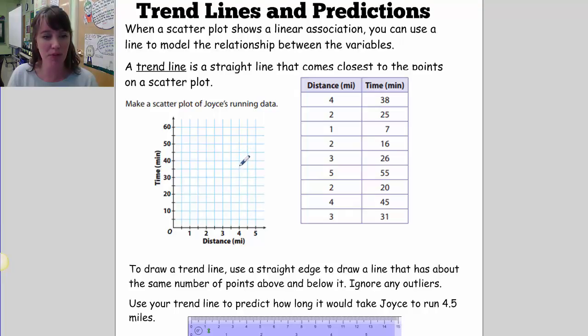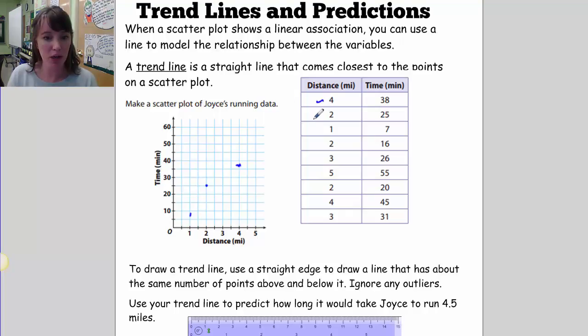Let's see, it's going up by 5, so it would be about here. And then we have 2 and 25, which would be exactly here. 1 and 7.